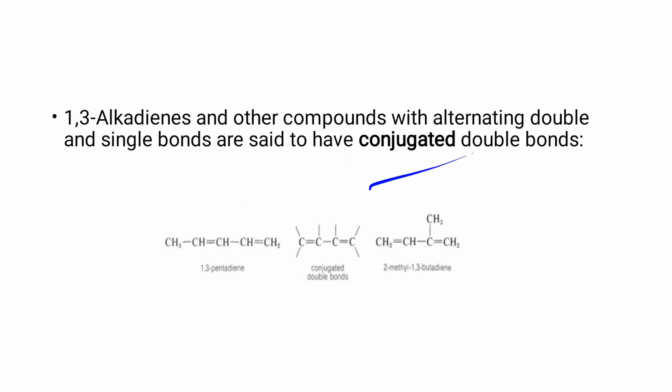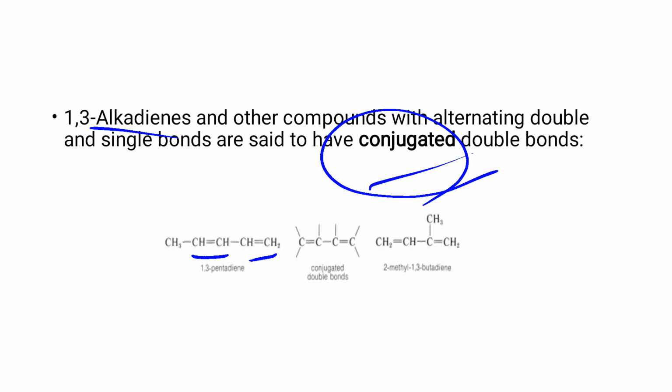Next, 1,3-alkadiene indicates the conjugated double bond. In this case, in 1,3-pentadiene, the double bonds are separated by one single bond.